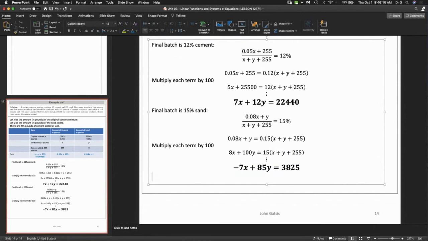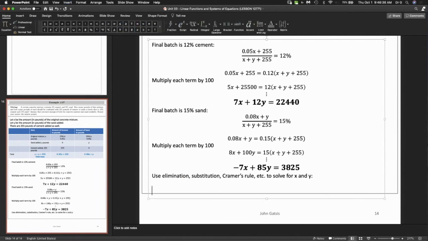And then you can use elimination, substitution, Cramer's rule, etc. to solve. I'm going to leave that to you as an exercise.